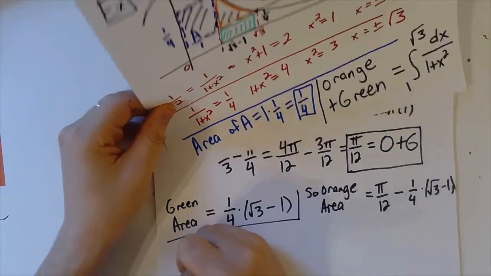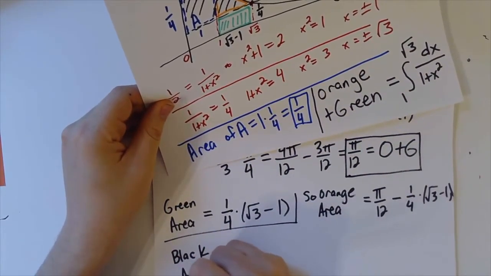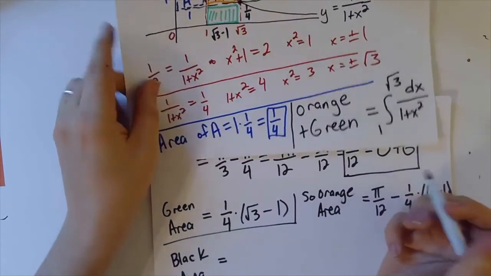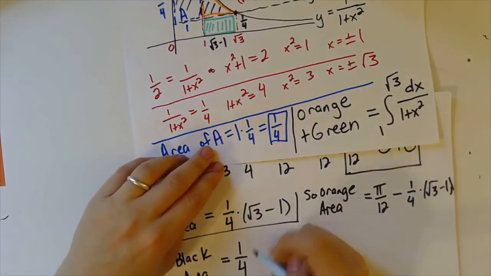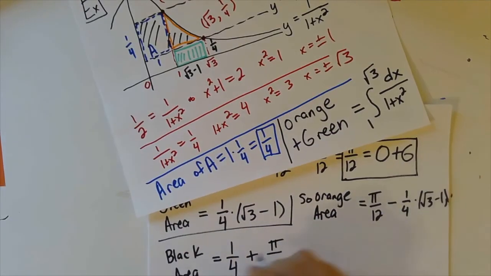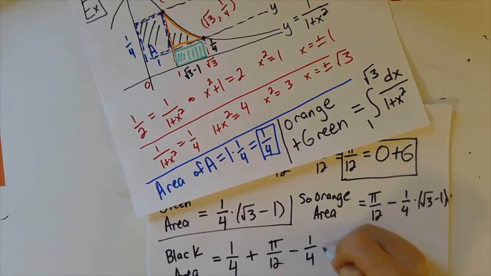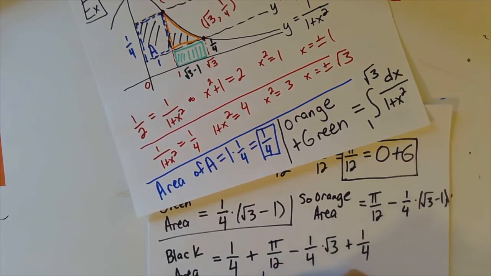So the black area, the area that we're looking for, it happens to be 1/4 for the blue area plus pi over 12 minus 1/4 times the square root of 3 plus 1/4. That all is the orange area.